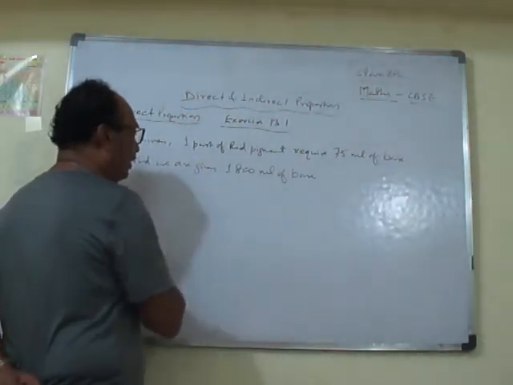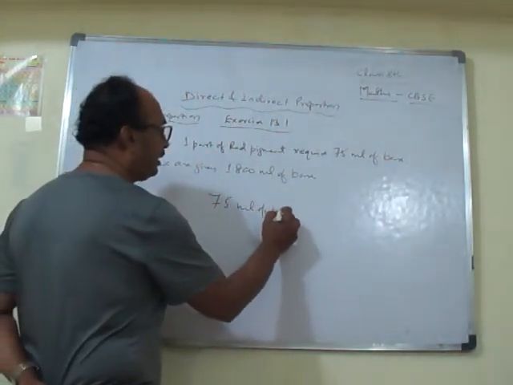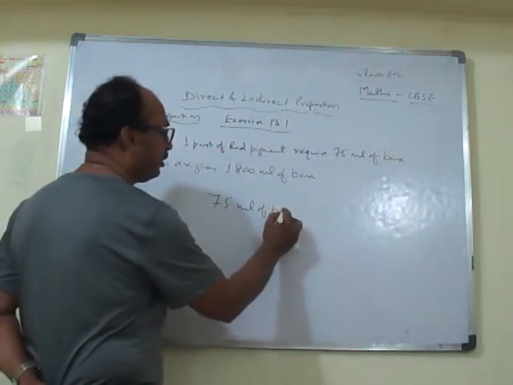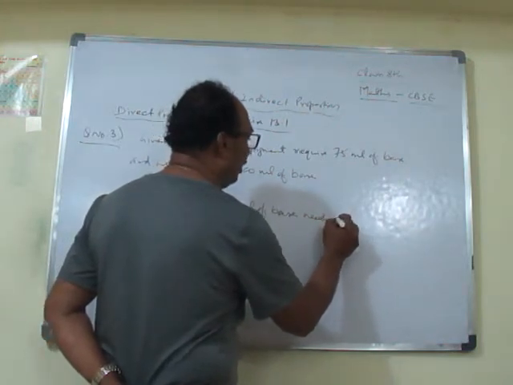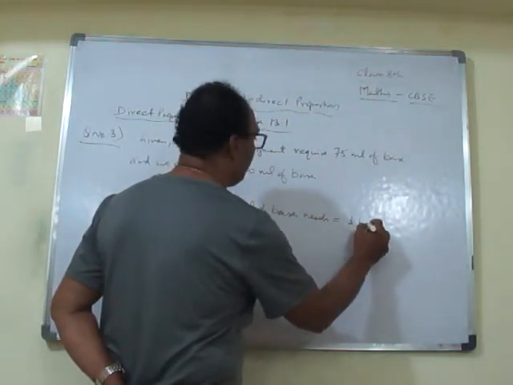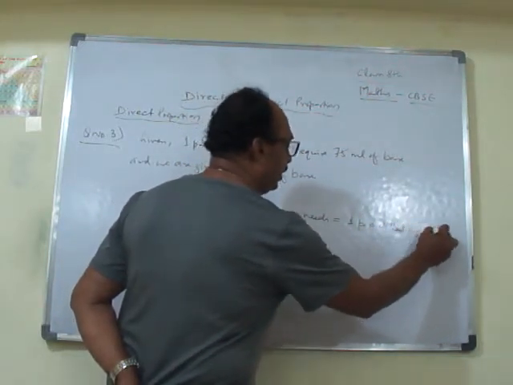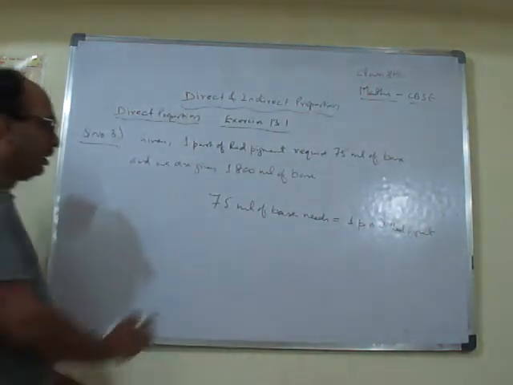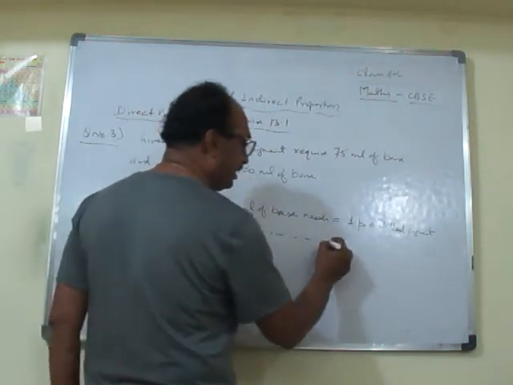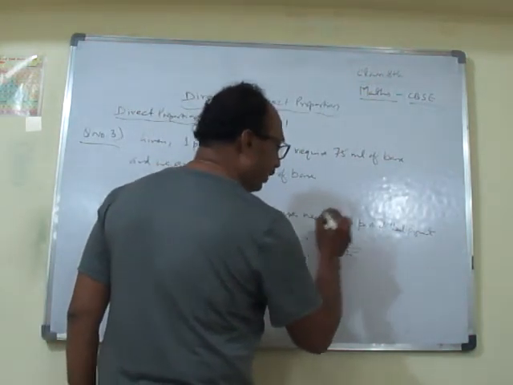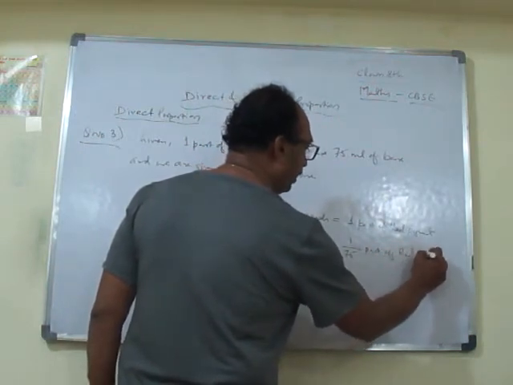Here you can write it this way: 75 milliliter of base needs 1 part of red pigment. Yes or no? Yes. Then 1 milliliter of base needs 1 by 75 part of red pigment.